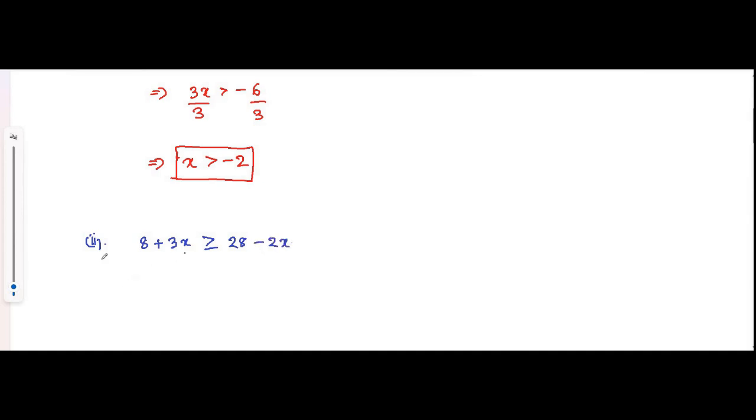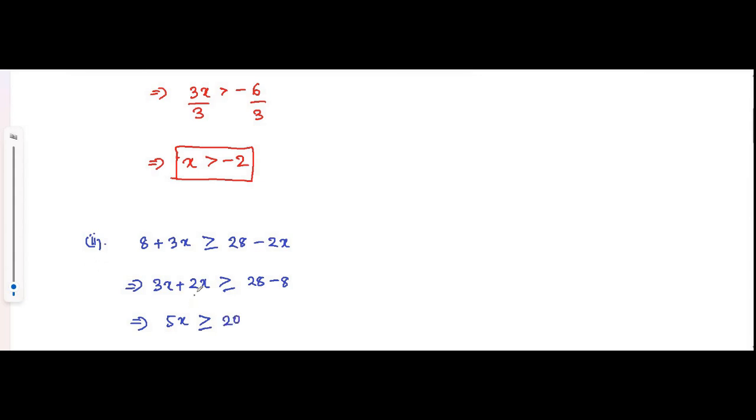So here what we'll do, we'll take this minus 2x to the LHS side, it will become plus, and we'll take this plus 8 to the RHS side, it will become minus. So that implies 3x plus 2x is greater than or equal to 28 minus 8. That implies 5x is greater than or equal to 20.